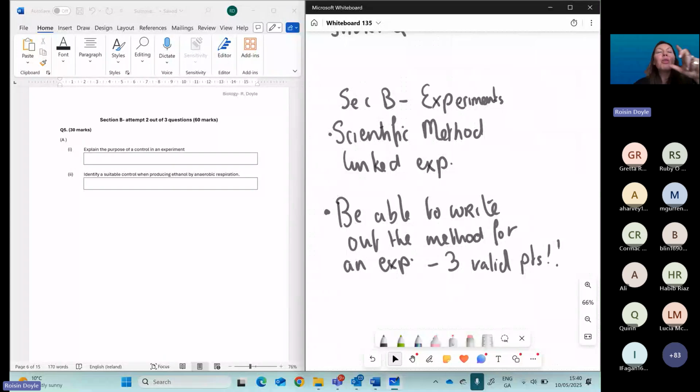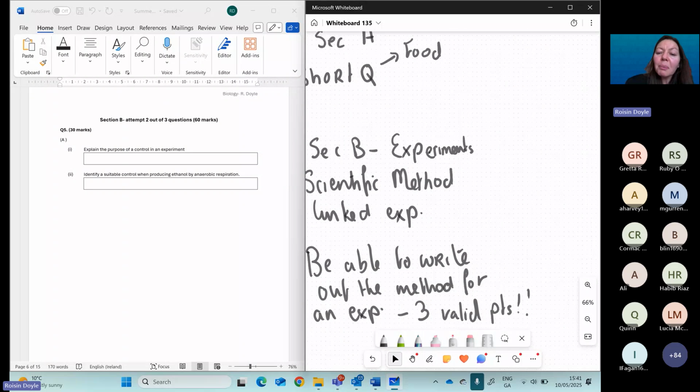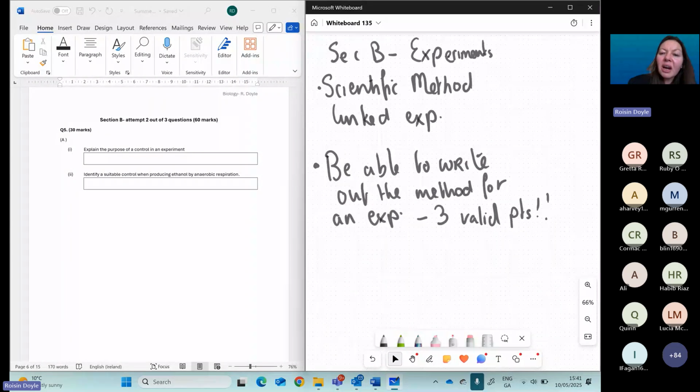3 valid points. The one thing from Leaving Cert 2024 is safety. Safety was huge in 2024 and no students were making reference to it. So in all of your experiments, please make reference at the start to safety.